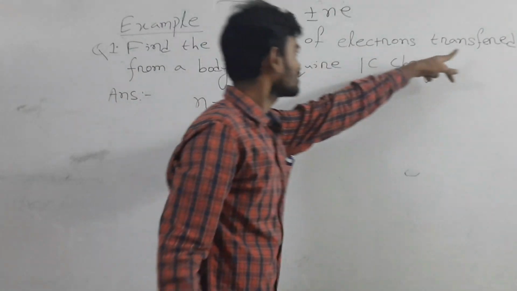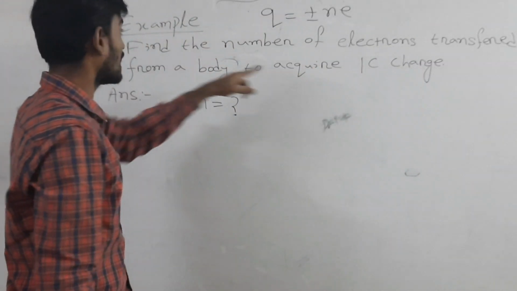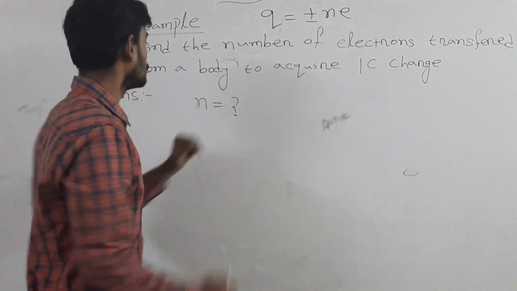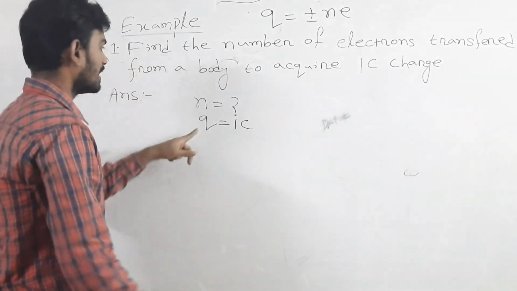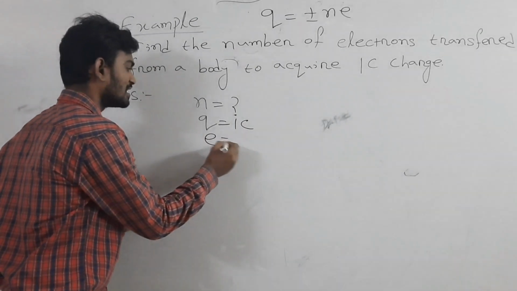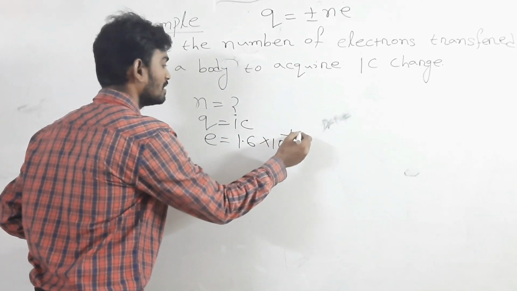Electrons are transferred from a body to acquire 1 coulomb charge, means the charge of the body, that means Q is 1 coulomb. And we know that the elementary charge is 1.6 into 10 to the power minus 19 coulomb.